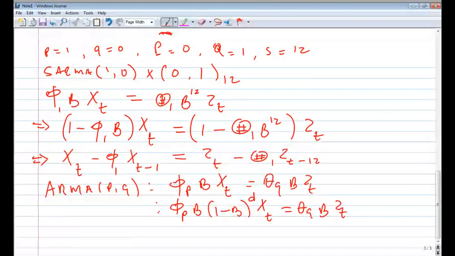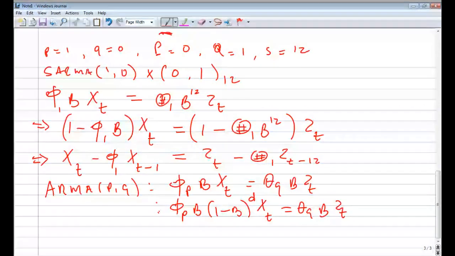Because MA is always stationary. Definitely, thank you very much. Because that other part on the right hand side is a moving average, and a moving average is always stationary. So there's no need to difference it. That is why we're differencing the left hand side, because it's the autoregressive part, and we realize that it's not stationary. So that is why we included that differencing part. Okay, you get it very well.